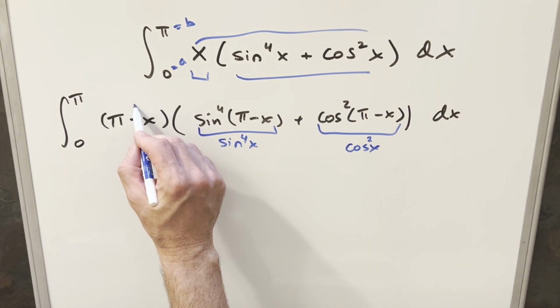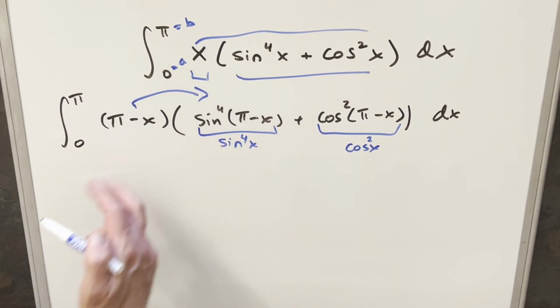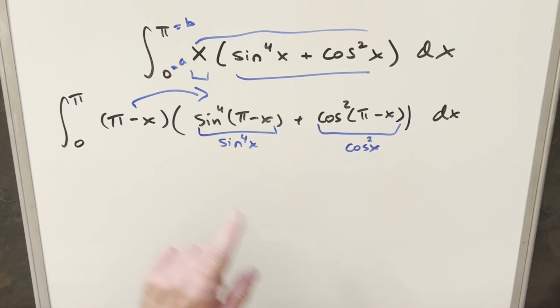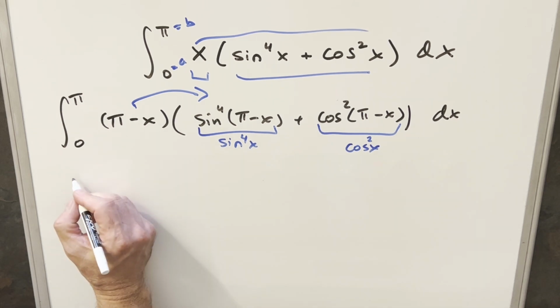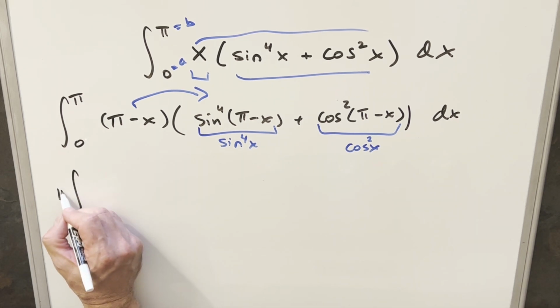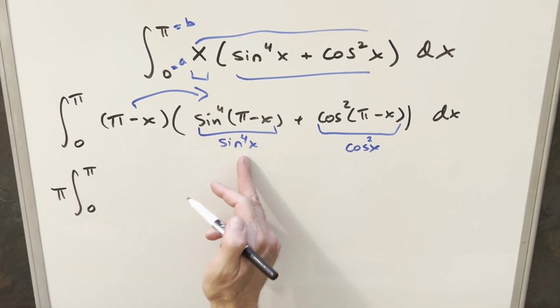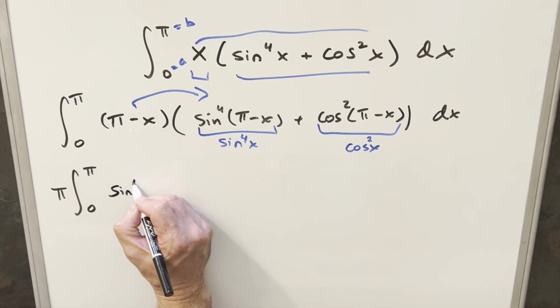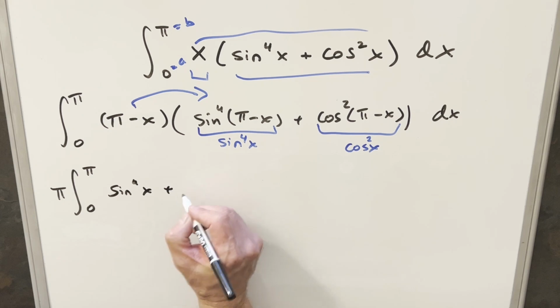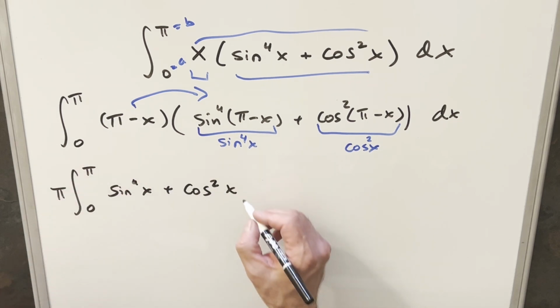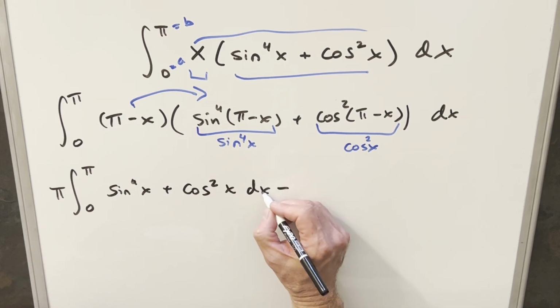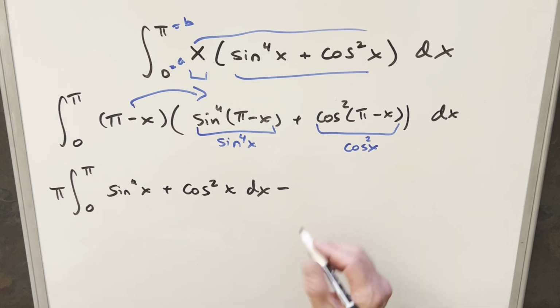But then from here, what I can do is distribute in this pi minus x and split this up into two integrals on the minus sign. So for the first one, we'll have this pi, but I'll bring the pi out front of the integral. And then we're just going to have on the inside the sine to the fourth x plus cosine squared x. And for the second one, we'll split it on the minus sign here, and we'll just rewrite all this in this form here.